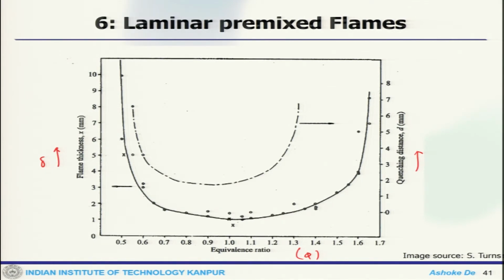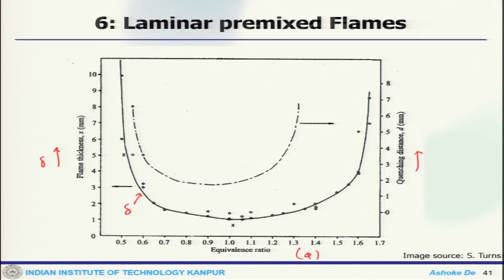The solid curves are for delta. So, one can see that as you increase the equivalence ratio, delta comes down, that means the flame thickness reduces, then slowly it again goes up with the increasing equivalence ratio.